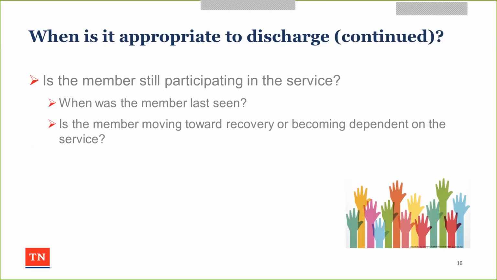Are they ready for discharge? The other thing is if the member's just no longer participating and the care coordinator is essentially doing all the work for the member, reevaluating for that need and working with that member through motivational interviewing or some other methodology to move from merely engaging the member to activating the member in their own care.